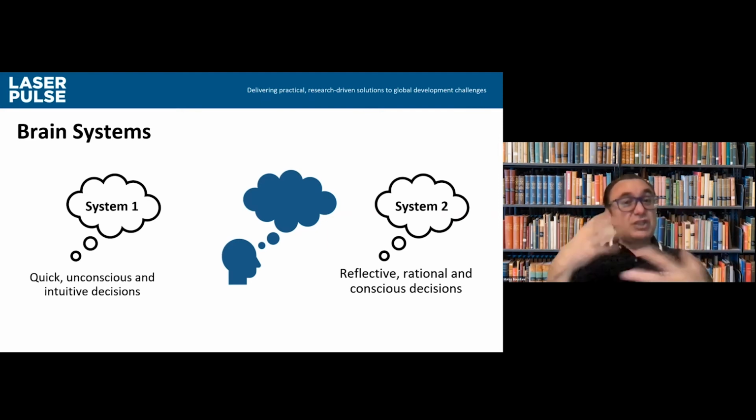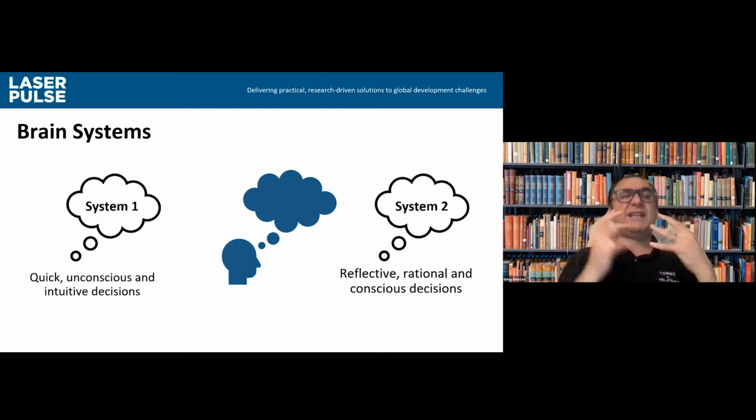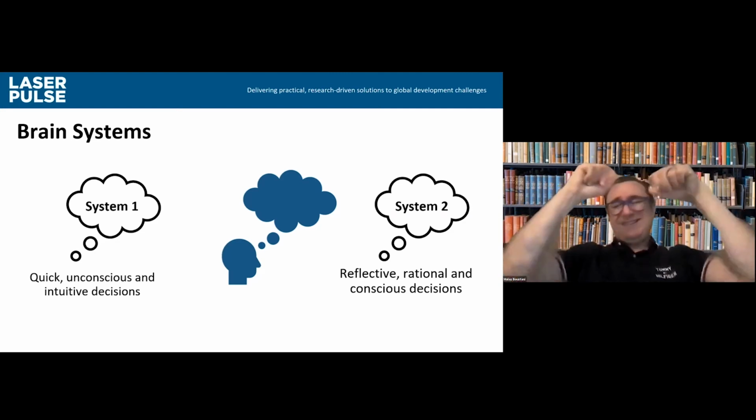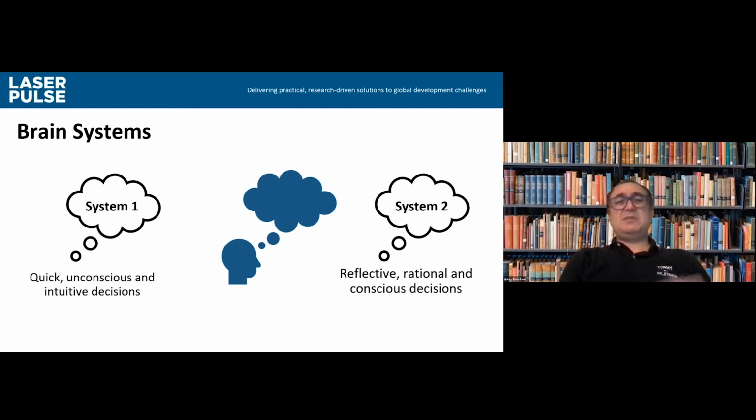It's very conscious. You are aware of it when you make these decisions, and it consumes a lot of attention and concentration, but it's relatively weak. When system 1 and system 2 fight, system 1 will beat system 2 almost all the time, especially in a very high uncertainty or very stressful environment.